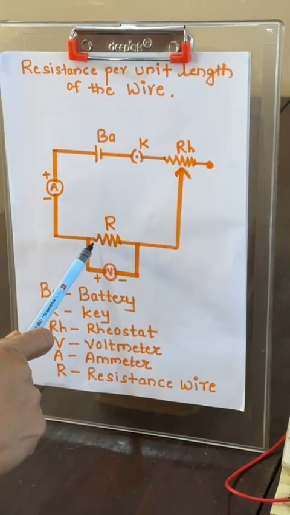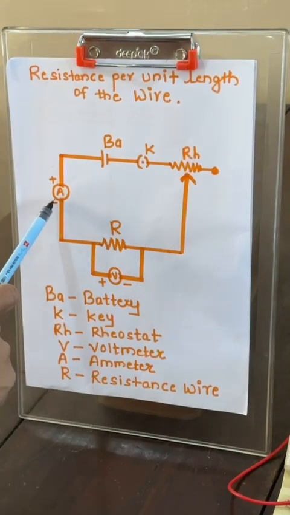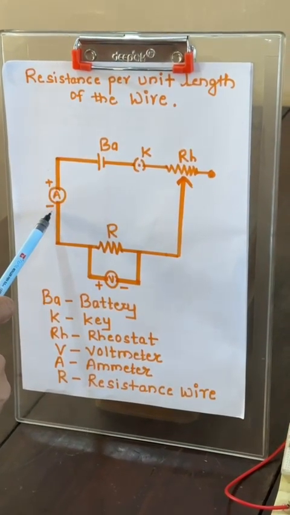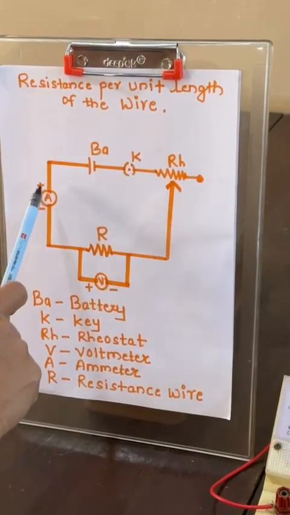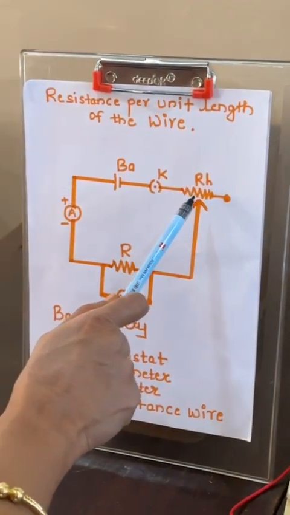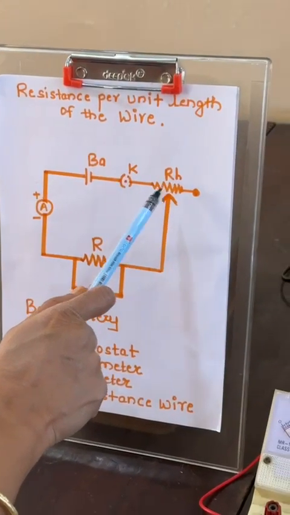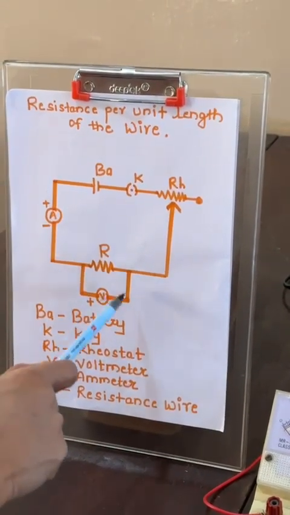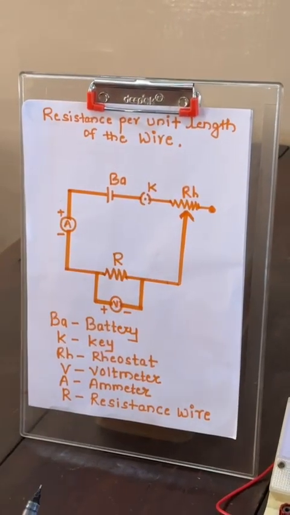The other terminal of the material wire is going to voltmeter positive, and the same goes to ammeter negative. Then ammeter positive, battery, key, rheostat. All these are connected in series with the resistor. Only the voltmeter is connected across, that is parallel to the material wire.